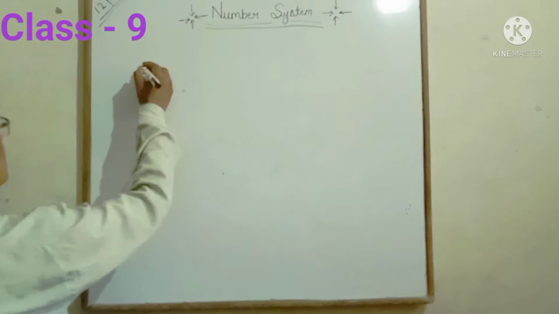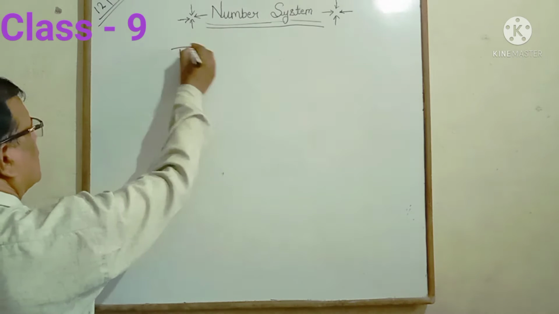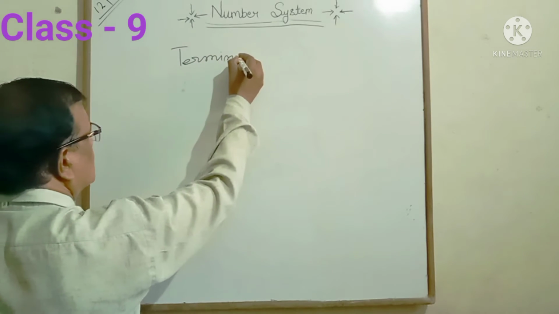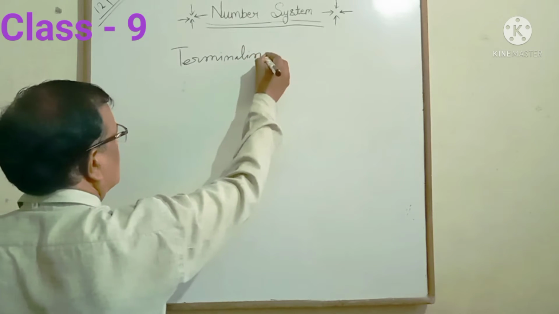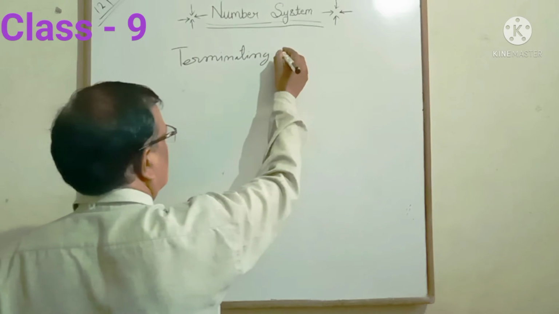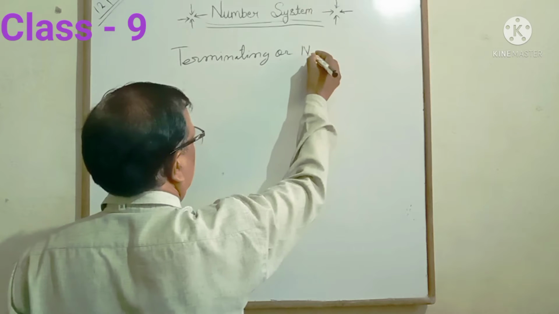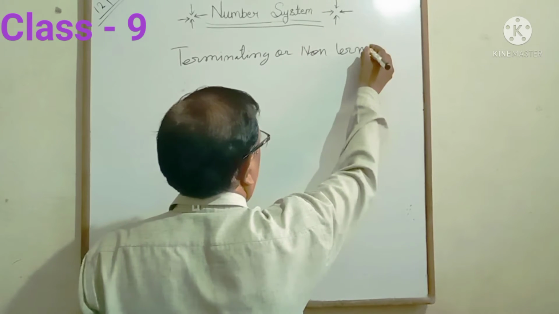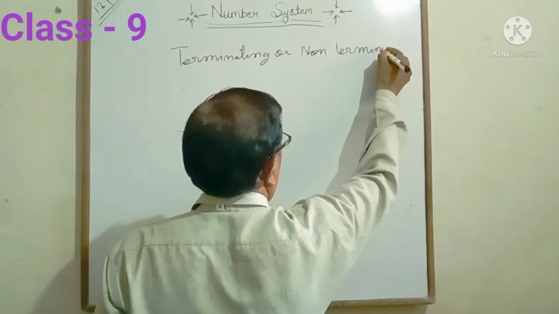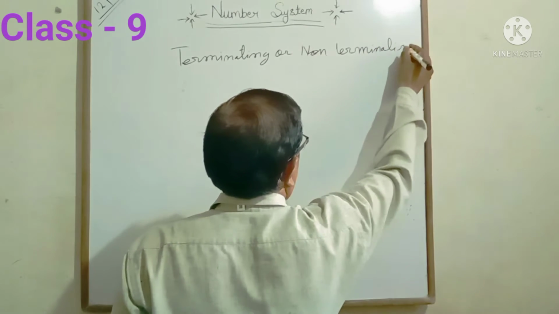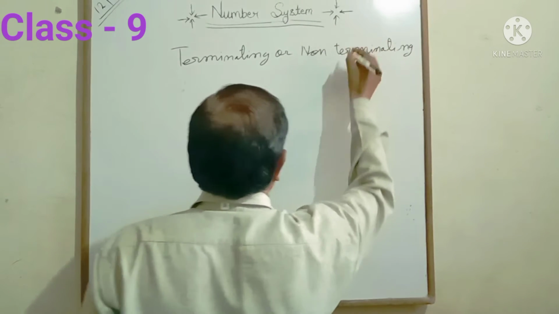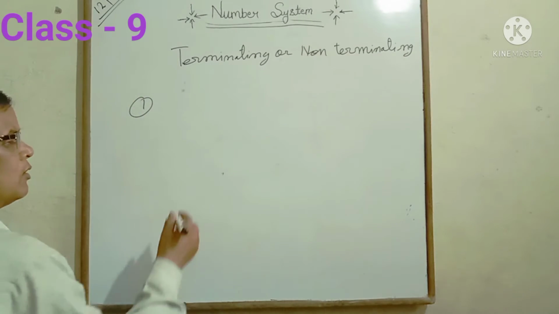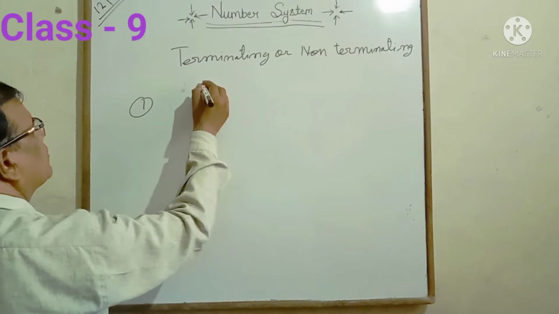If any rational number is written, it is either terminating or non-terminating. Number one, if the number is terminating, then we use this one.